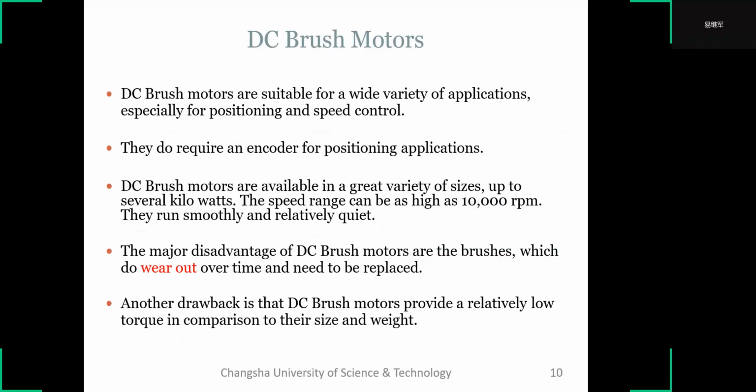DC brush motors are suitable for a wide variety of applications, especially for positioning and speed control. They do require an encoder for positioning applications.